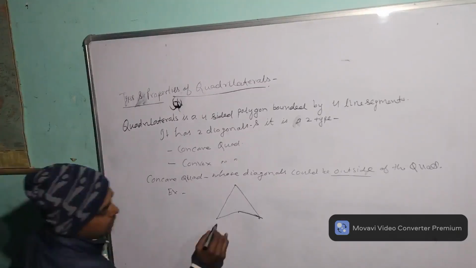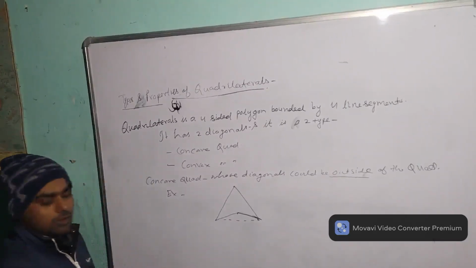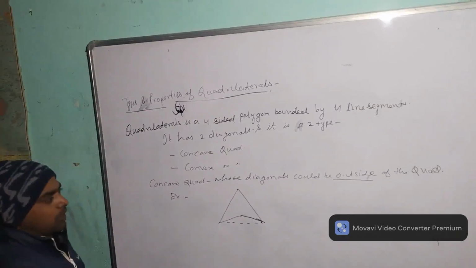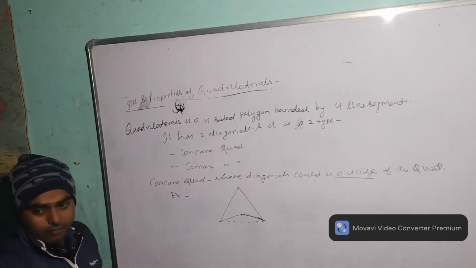This is the diagonal which is outside of the quadrilateral. This is called a concave quadrilateral.